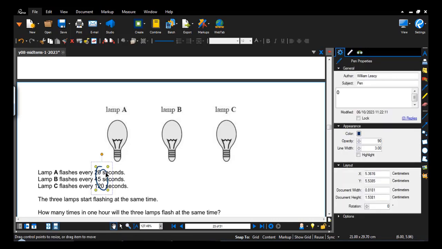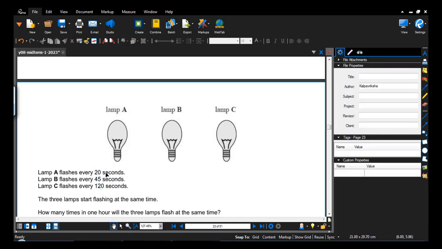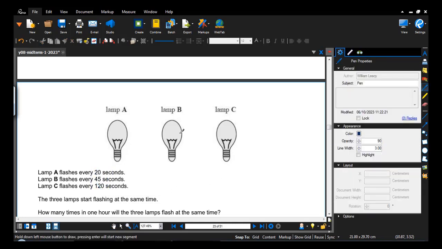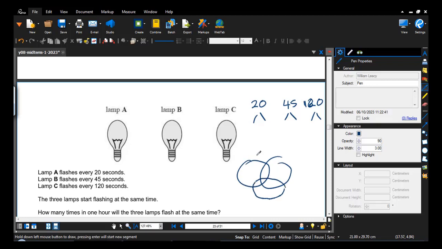Here you have 20, 45 and 120. You split each of them up and you get some numbers. So you'll draw 3 circles. We did this last year. 3 circles: 20, 45, 120.